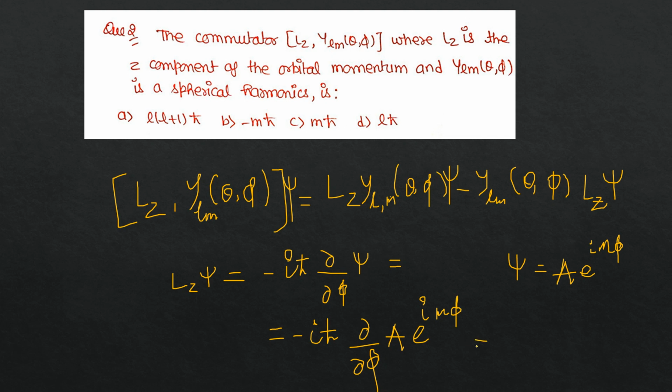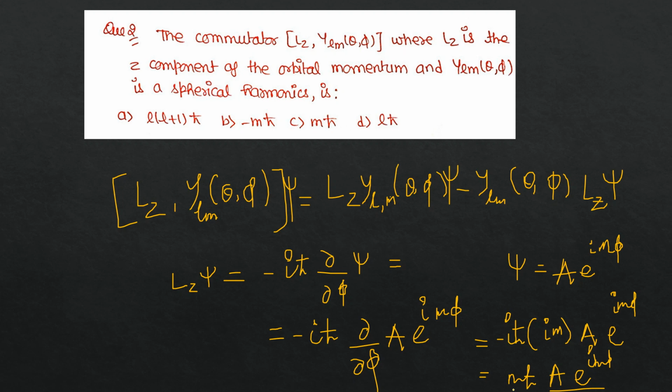The i times i is minus 1, which is there already, so this becomes m h cut A e to the power im phi.